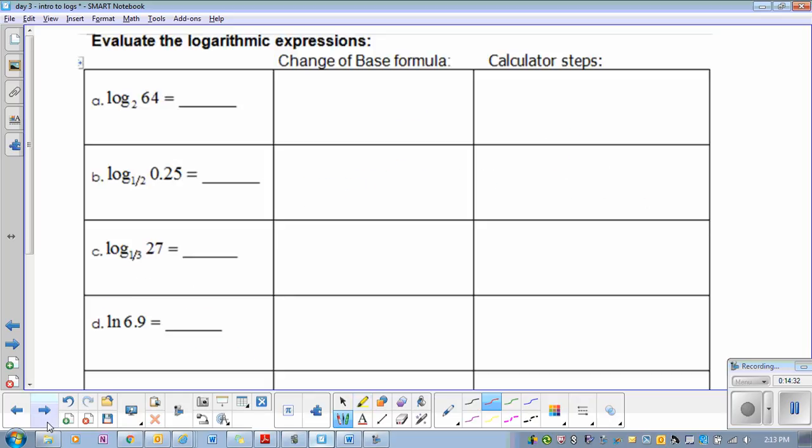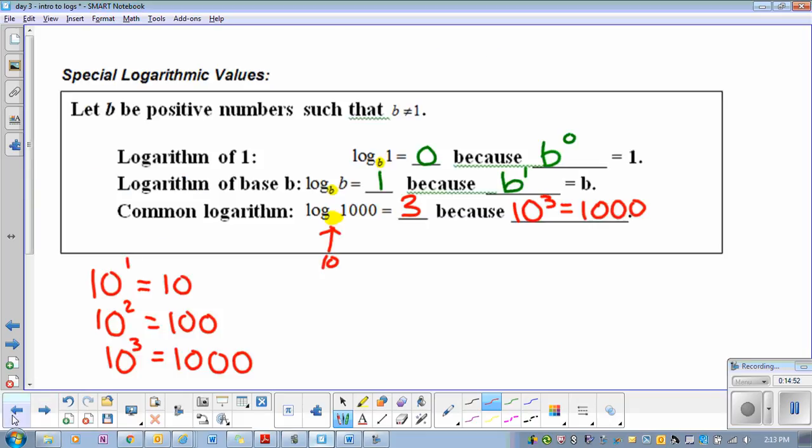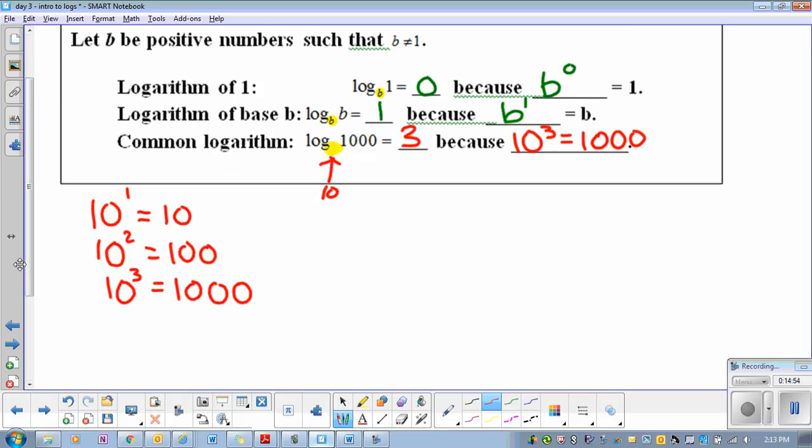Alright, so we're going to talk about evaluating and using something called the change of base formula. So evaluate means that you're going to give me a number answer, always, right? So change of base formula, what I want you to do, right underneath this, I'm going to write it here.